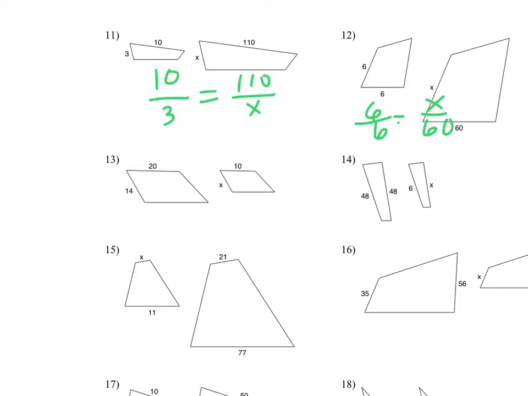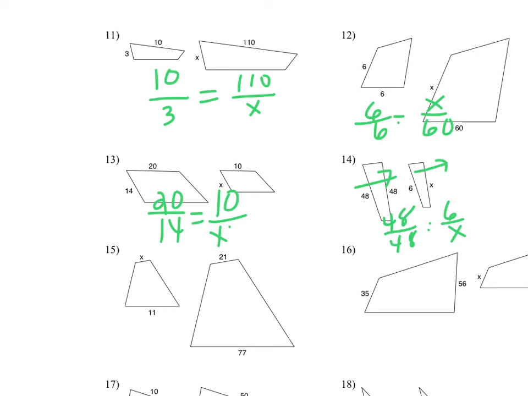I'm going to keep them going this way from top to bottom. 20 over 14 equals 10 over x. This one I'm going to go this way. So I'm going to go 48 over 48 equals 6 over x.